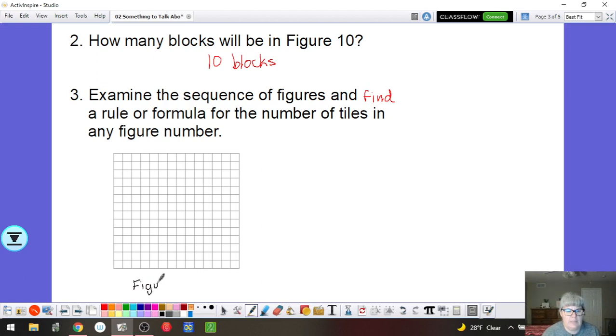The bottom axis, the horizontal axis, will be the figure number, and the y-axis, the vertical axis, is going to be the number of blocks. And I'm just going to do this for the first 10 figures, because those are the values we know.